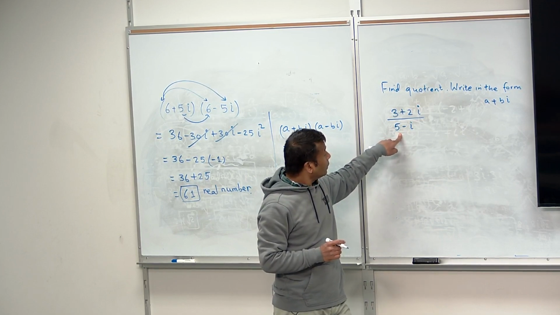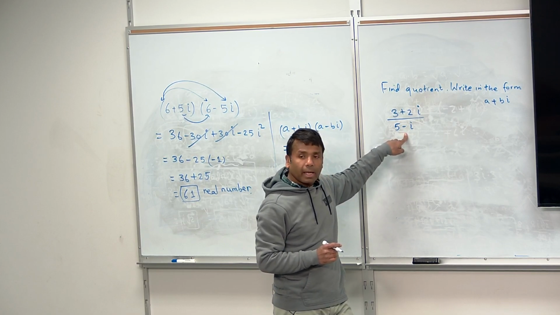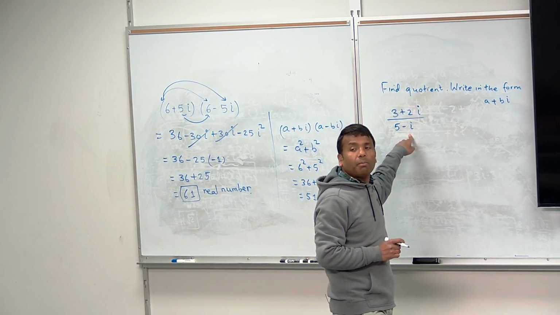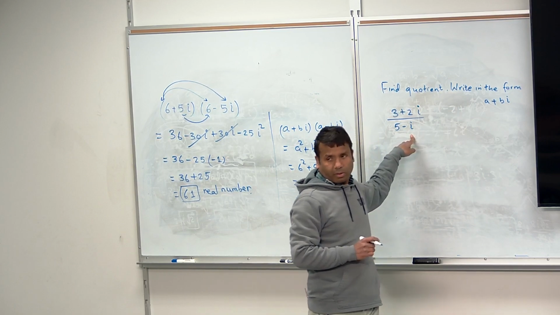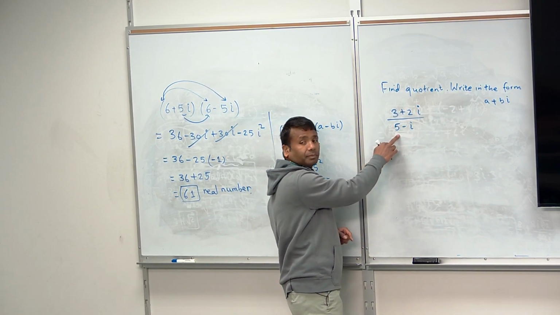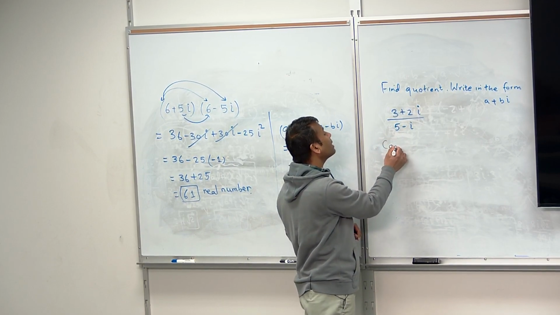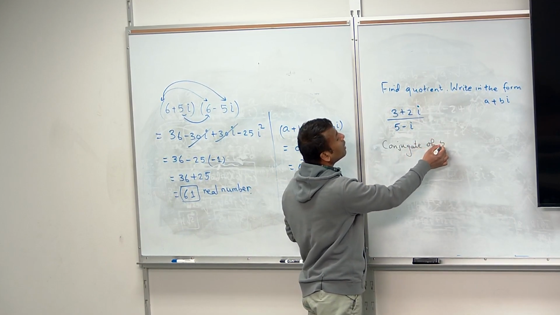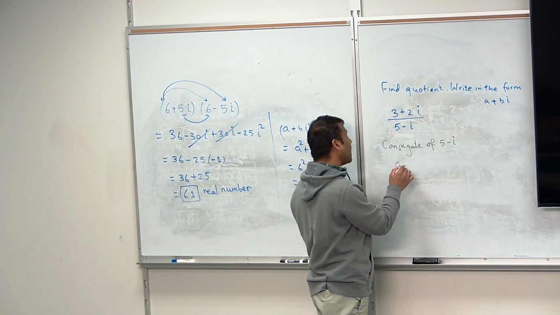Now you have to multiply the denominator and numerator by the complex conjugate of the denominator. What is your denominator? 5 minus i. What is the conjugate of 5 minus i?